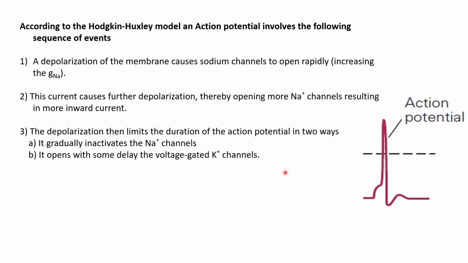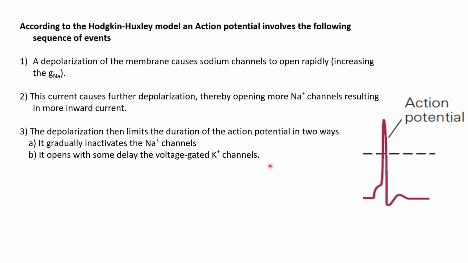But before that happens, two things start to happen. One is that the sodium channels, although they open quickly, also start to inactivate, as we have seen earlier. And secondly, the voltage gated potassium channels also start to open. The inactivation of sodium channels reduces the inward current, and the opening of potassium channels now produces an outward current, because potassium ions will flow out and will try to make the membrane potential more negative, towards the equilibrium potential of minus 75 millivolts.